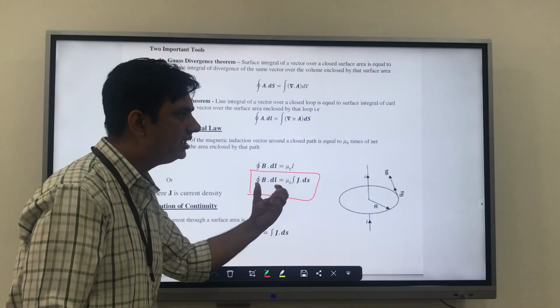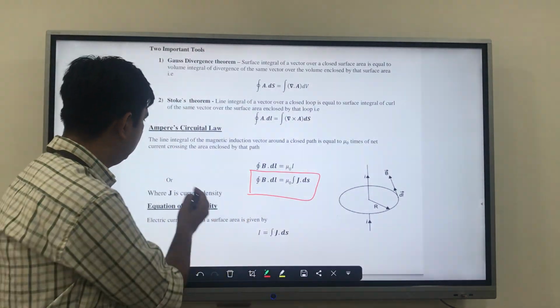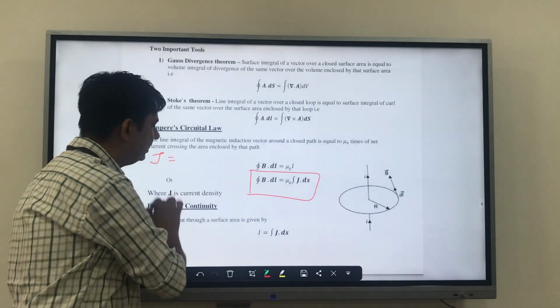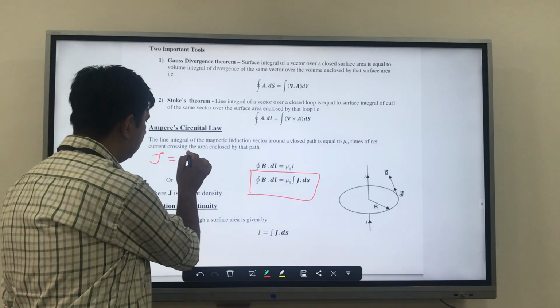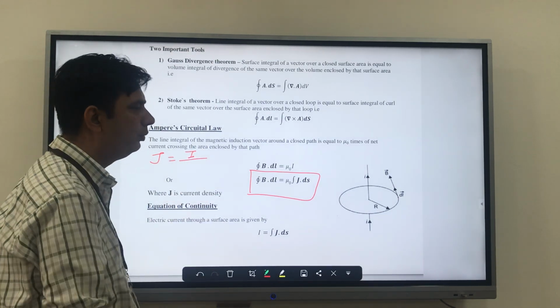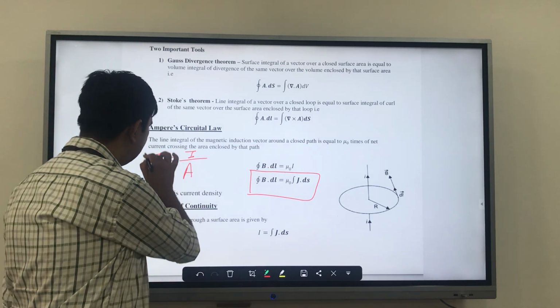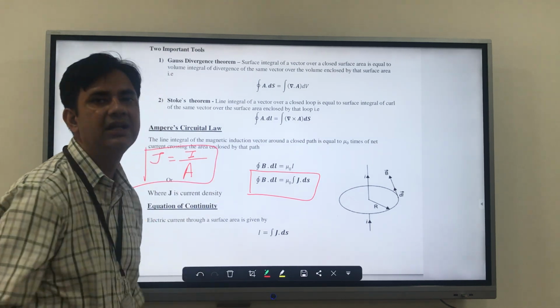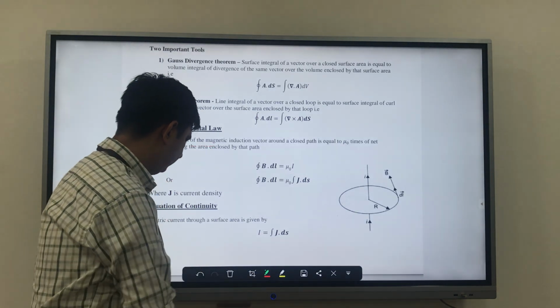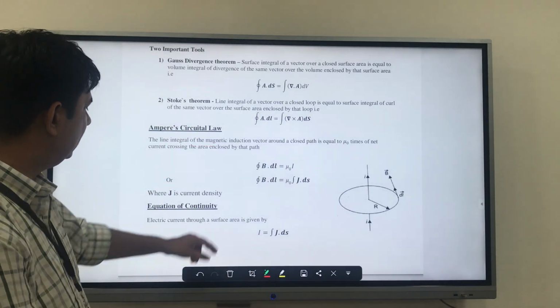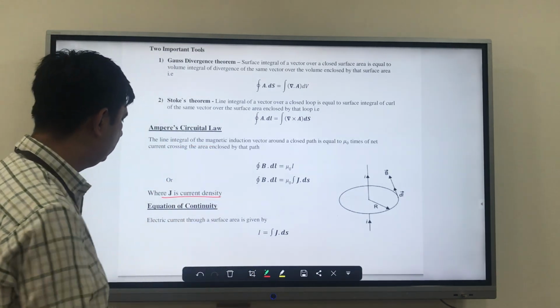And J, if you want to recall, is the current density, the number of current lines moving through the cross-sectional area. This is our J, and they have written it over here also.